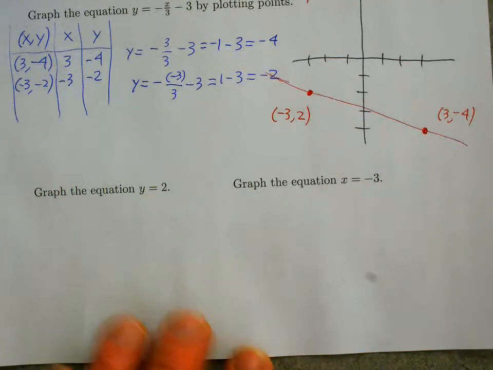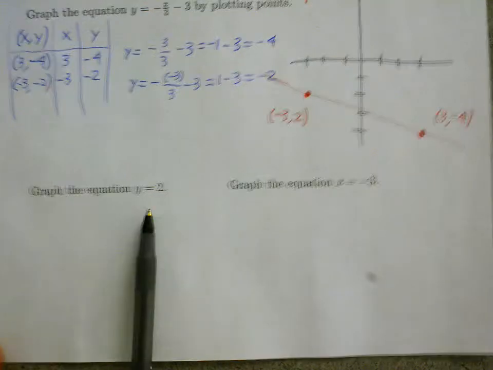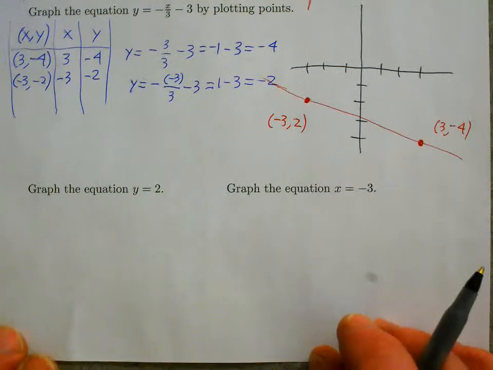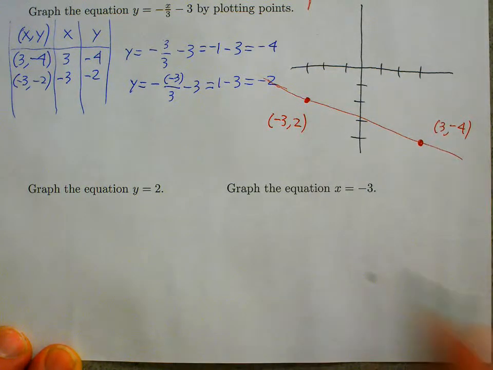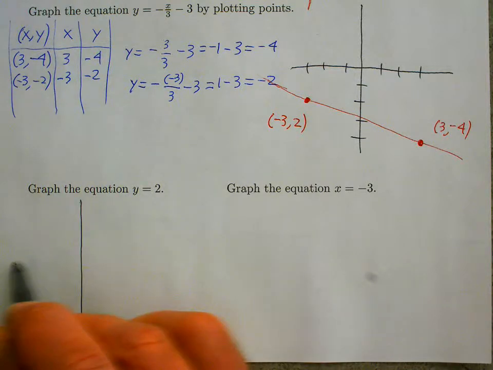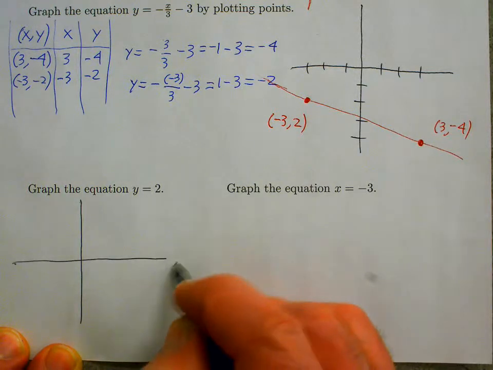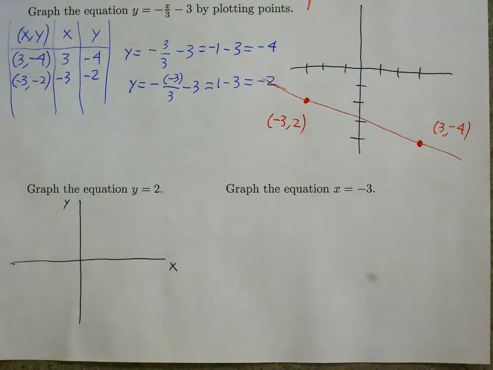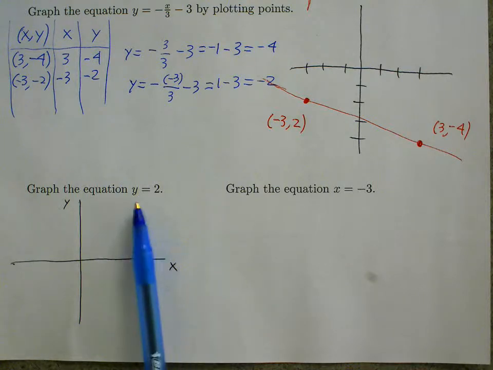Okay, the next one, graph the equation y equals 2. The variable x is missing. So this is a case, if you had ax plus by equals c, where the number a is 0.